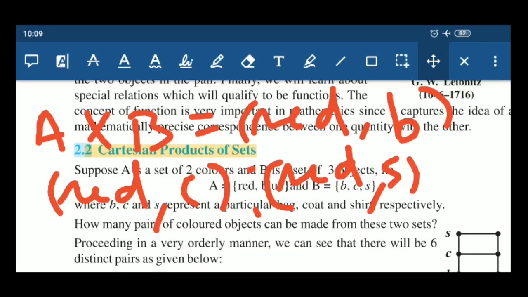Once again, see, I have taken the first element of A and then the first element of B. Again I have taken the first element of A, that is red, and the second element of set B, that is C, and the first element of A, red, with the last element of set B, that is S. Still it is not complete.